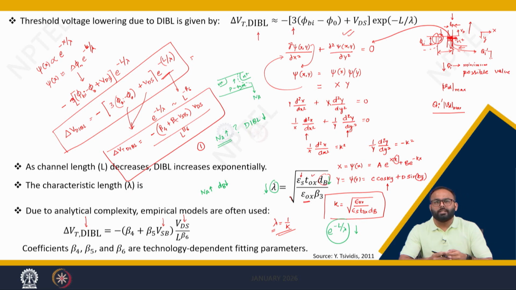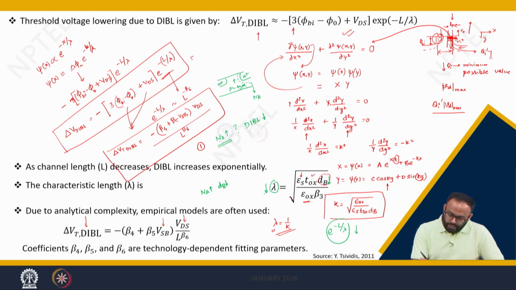We can understand this physically as well. When you increase the doping, you are reducing the expansion of the depletion region, meaning you are providing a blockage or hindrance to the field lines coming from the drain. Ultimately, you are blocking the penetration of the field lines towards the source. That is why, by increasing the substrate doping, you can reduce DIBL.